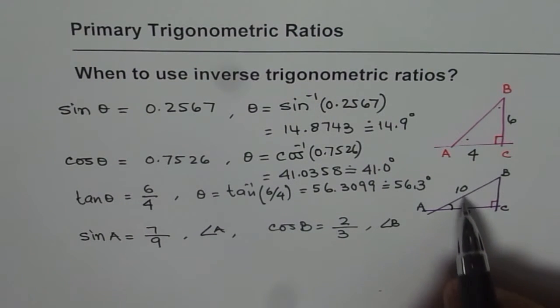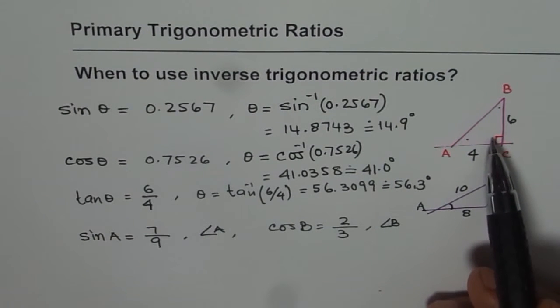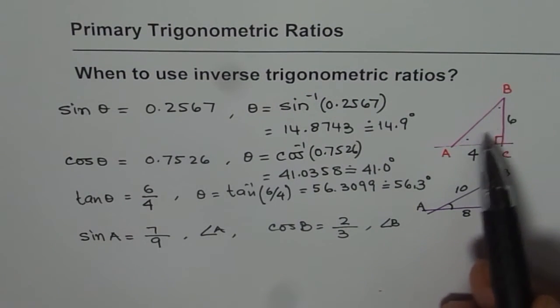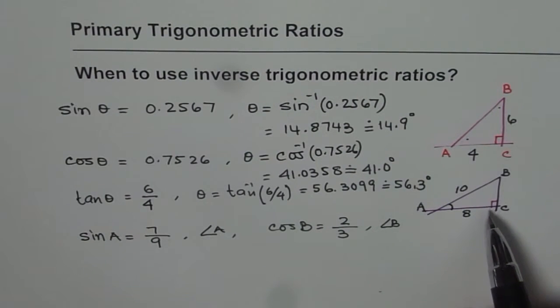I'd like you to solve this question. I know we have already done a part of the first question. You can complete your solution and solve for all the angles of the given triangle. I hope that should give you some practice, right?